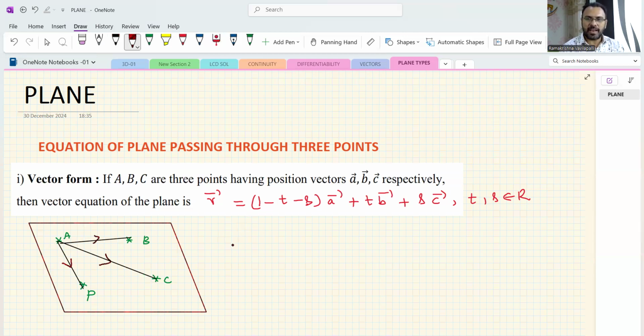So here I'm going to write that AP bar vector, AB bar vector, AC bar vector are coplanar.